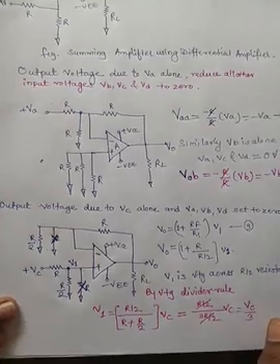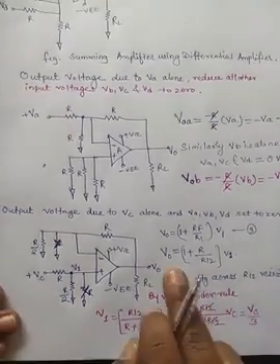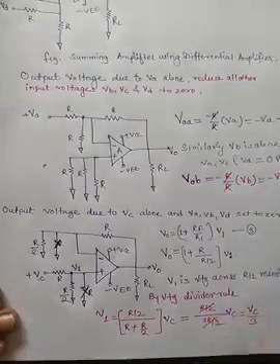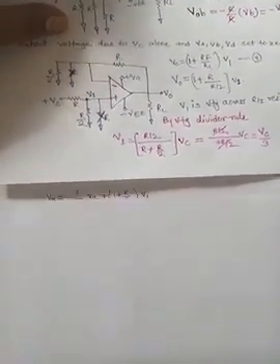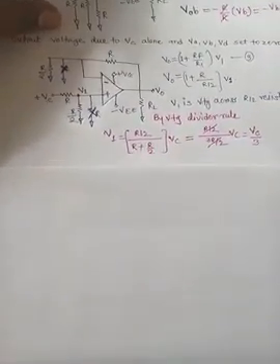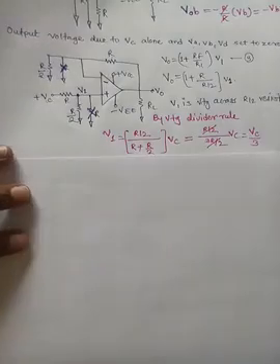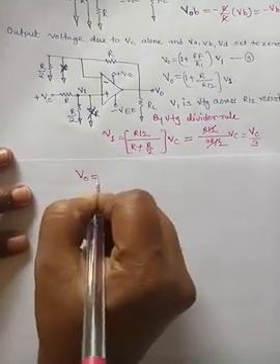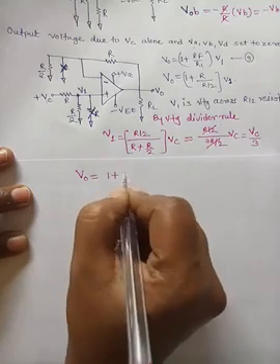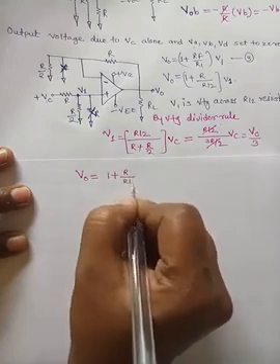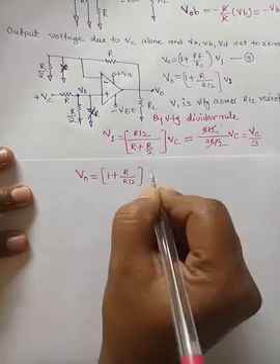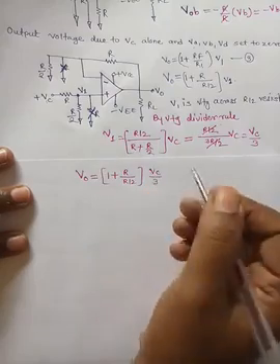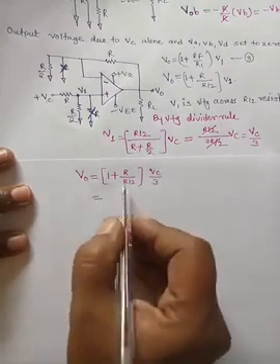Now we want to write the equation for output voltage V0. Output voltage V0 is equal to 1 plus R divided by R by 2, into VC divided by 3. Solve for this.